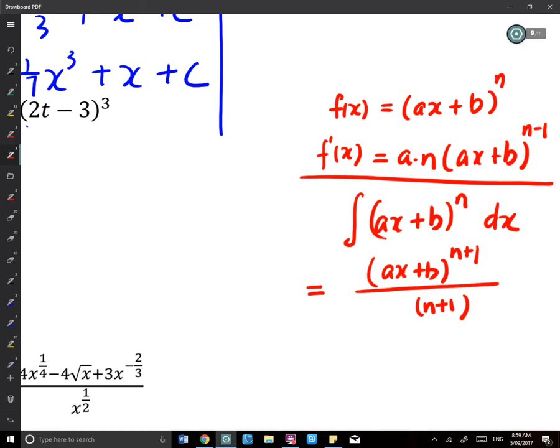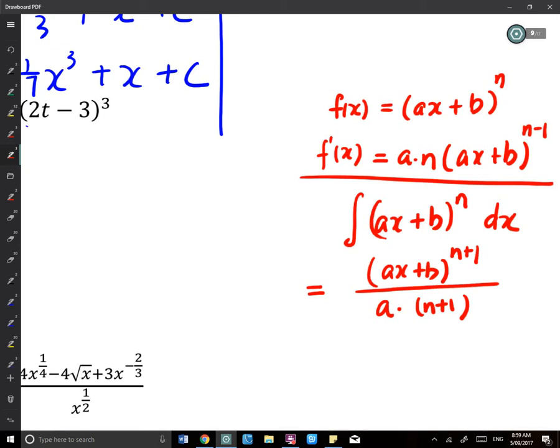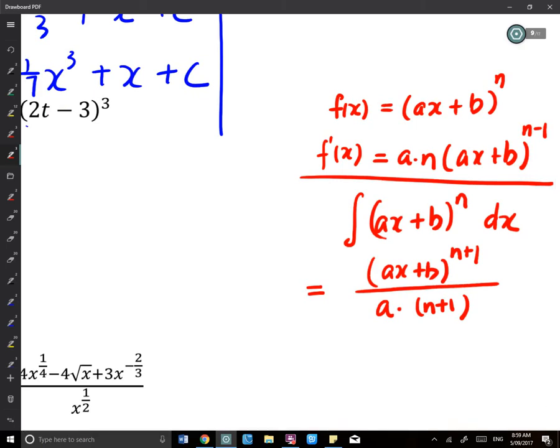But remember, before you times the a in front, now you need to divide by that a. In differentiation you times the gradient, now you need to divide by that gradient. Then all the same: you times the power in front, you divide the power down. Okay, so that is the formula for it.